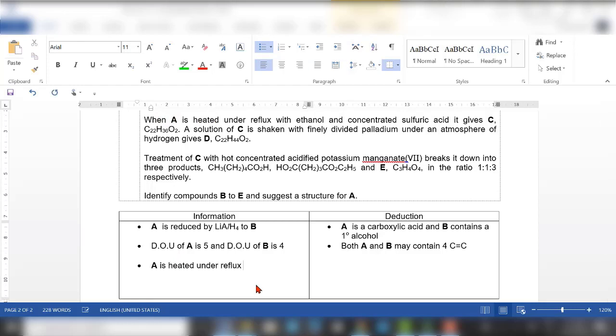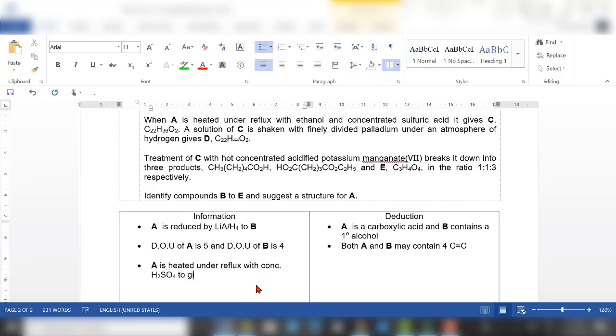A is heated under reflux with concentrated H2SO4 to give C, and then after that C reacts with H2 to give D. Okay, I think here there are several conclusions you can make.